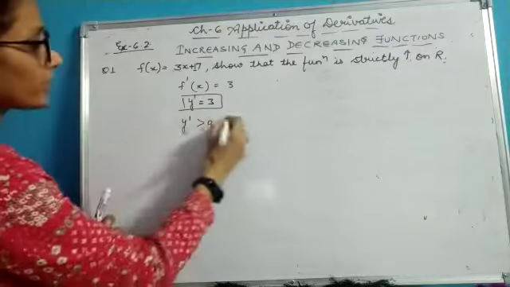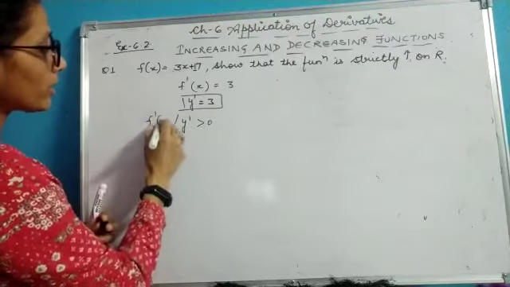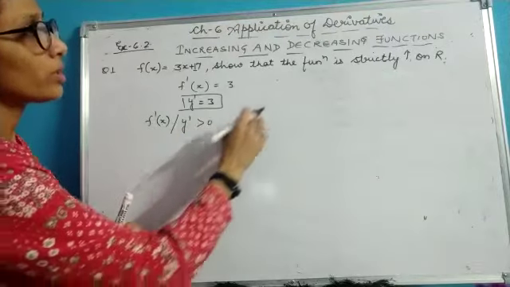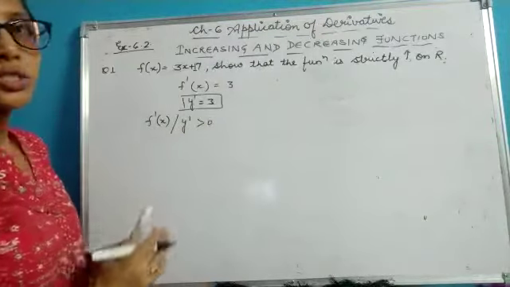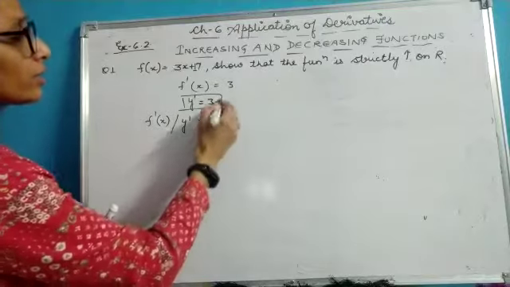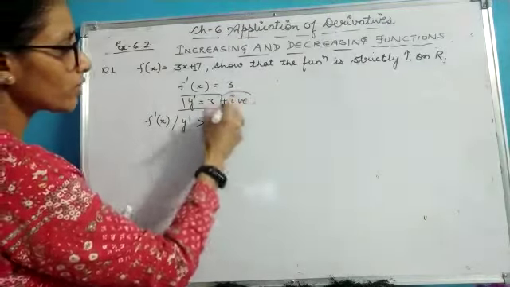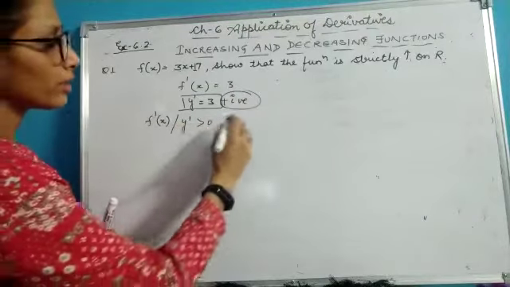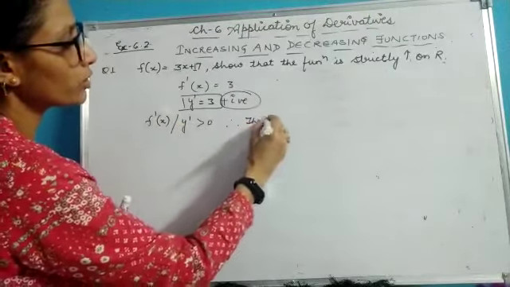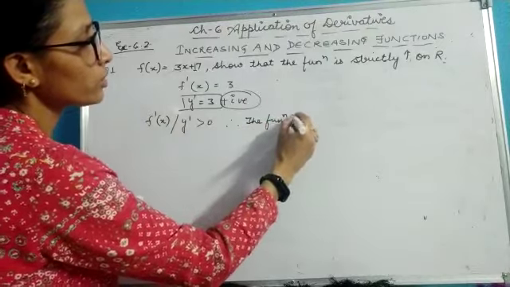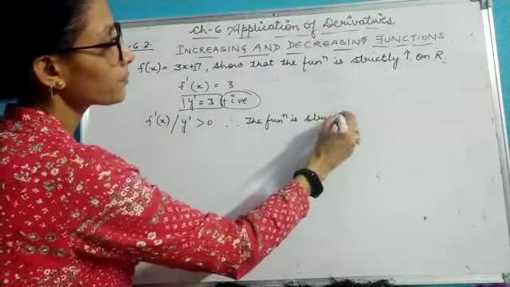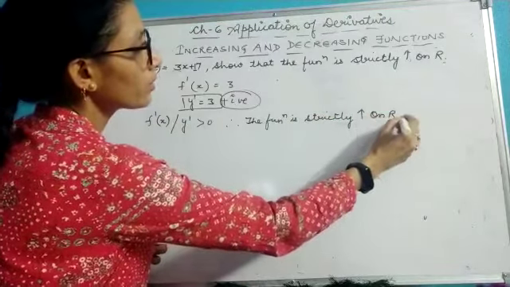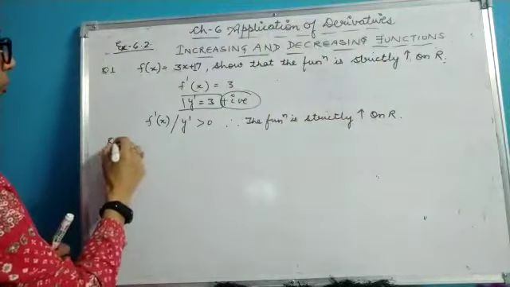If f dash x or y dash comes out to be greater than 0, then we can say that the function is strictly increasing on R. 3 is a positive value, so I can say my y dash is greater than 0. Therefore the function is strictly increasing on R. Let's see the next question.